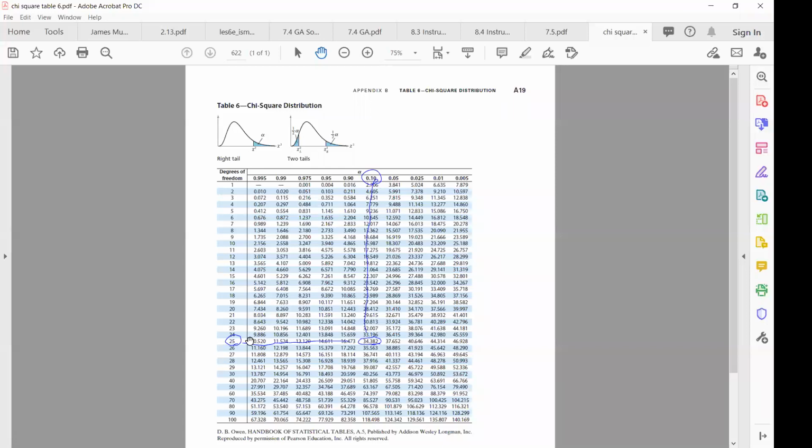Chi-square table, degrees of freedom is 25, alpha is 10%. You have a right-tailed graph, and the intersection between these two gives you the critical value, which is equal to 34.382.